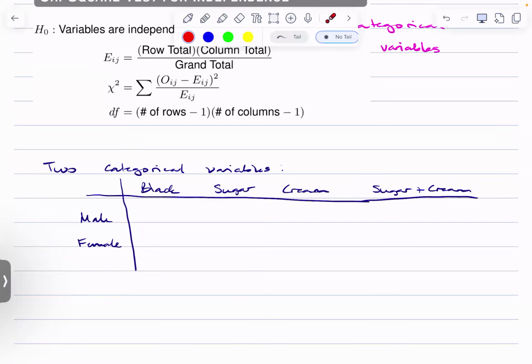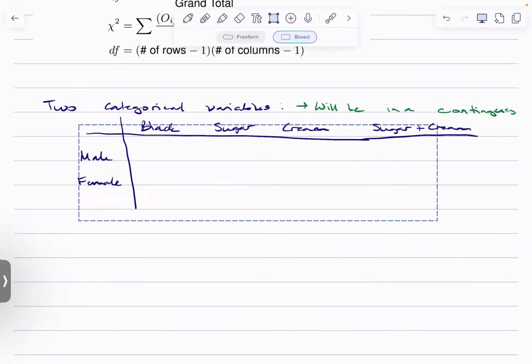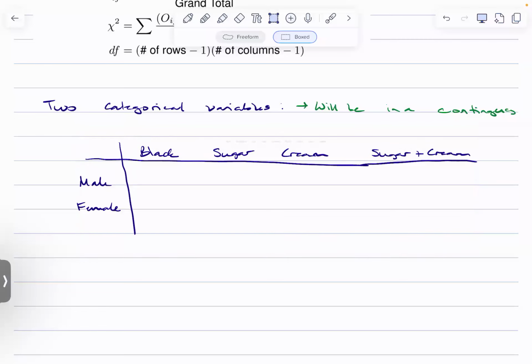It generates a contingency table, which we've done work with already, back in chapter, I don't know what, chapter 2, 3.